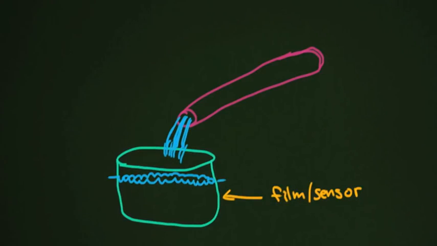Now, the length of time that the water is running into the bucket is sort of like your shutter speed. Just like you can open the shutter of your camera for a really long time, you could open the faucet and let water run for a really long time so that it fills up the bucket, even if you have a tiny pipe. Your pipe could be like an F22 pipe, a really tiny pipe, and it could take a long time for the water to go through and fill up your bucket.